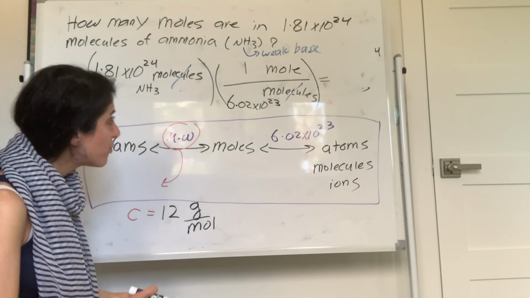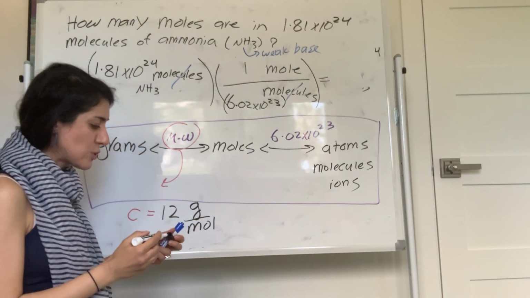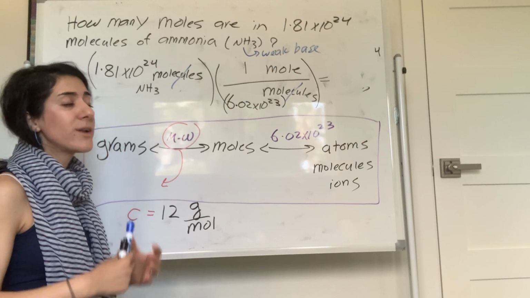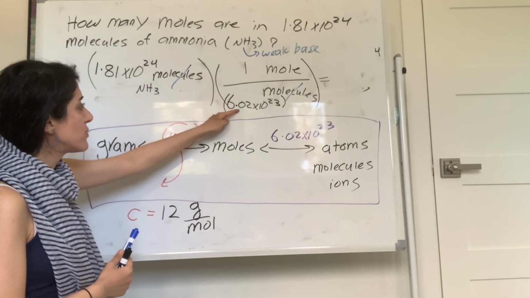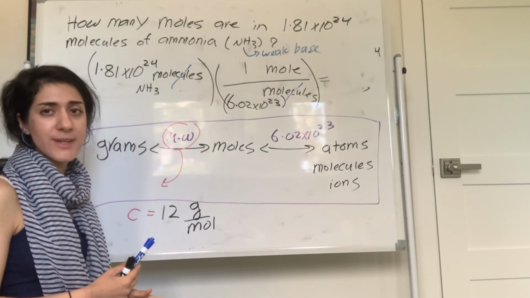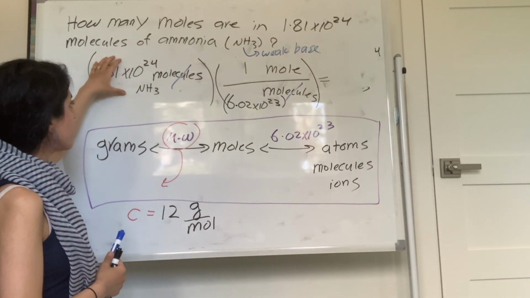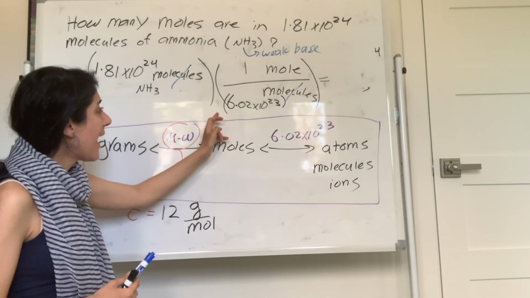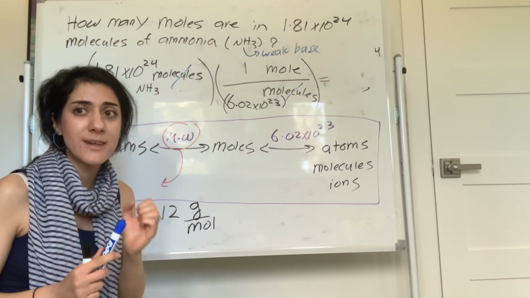If you don't put parentheses around 6.02 times 10 to the 23rd, your calculator divides by 6.02 but multiplies by 10 to the 23rd. Because remember, you have to divide by this whole number. So you have to put parentheses. If you don't, you won't get the right answer.